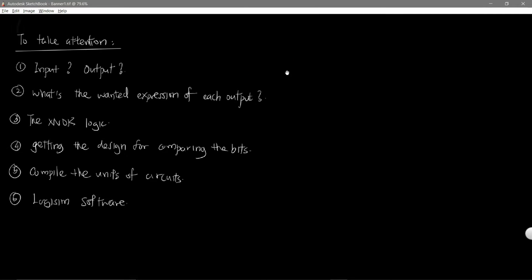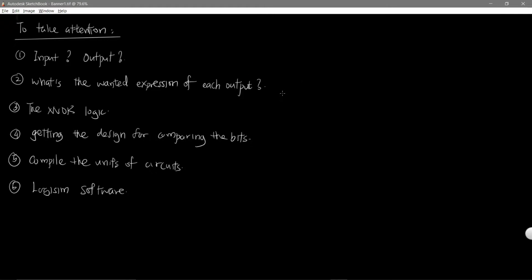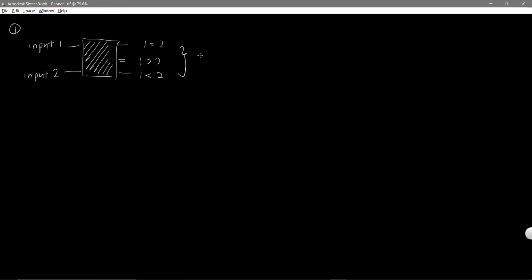Alright, where do we even start? What's a magnitude comparator? A magnitude comparator is a circuit that takes in inputs and compares. So, no matter what the input is, we always have three outputs, and only one of these outputs will be valid at one time.